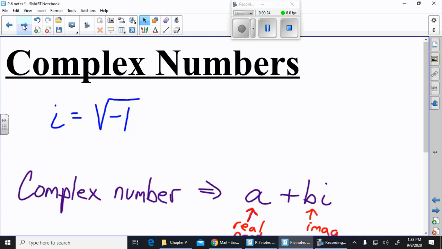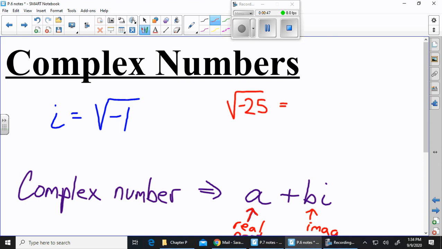So, complex number. We have the imaginary number i, which is the square root of -1. Really what that meant is, you had a square root, something like the square root of -25. Well, if I put that in my calculator, it's going to say error.